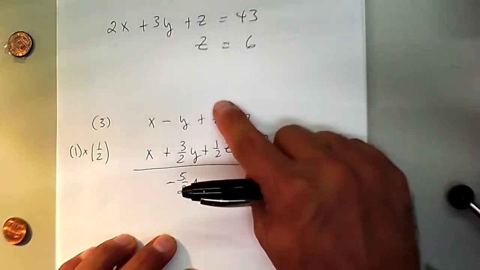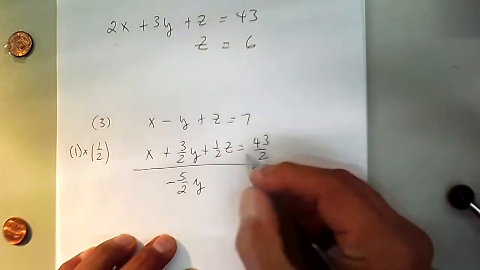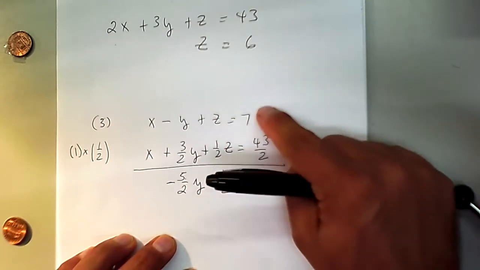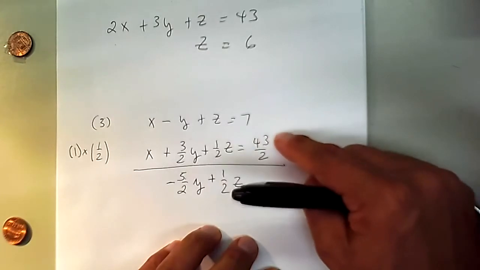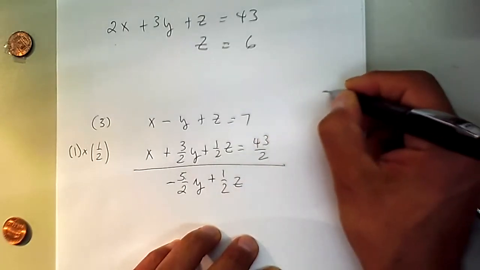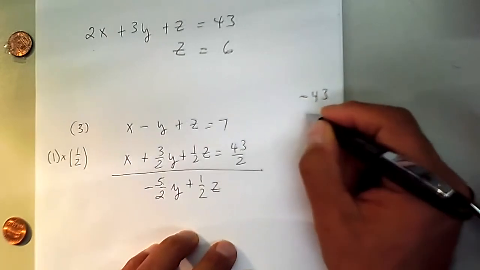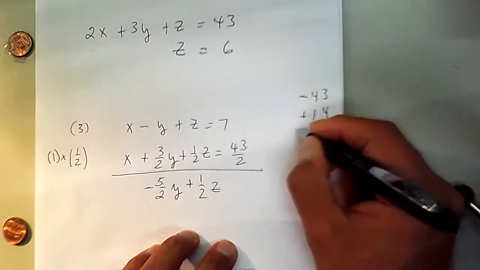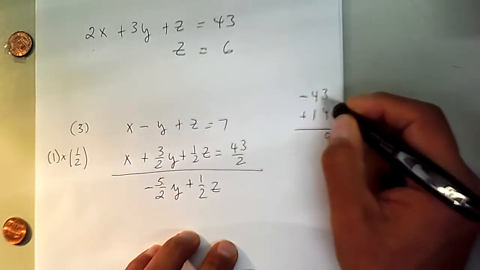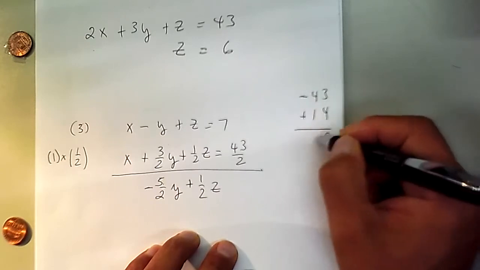All right, so 1 minus a half, that is still a half. And these are 14 minus 43. I'm going to do it this way, negative 43 plus 14, because we're going to subtract. So 13 minus 4 is 9. We borrow 1, so 3 minus 1 is 2.